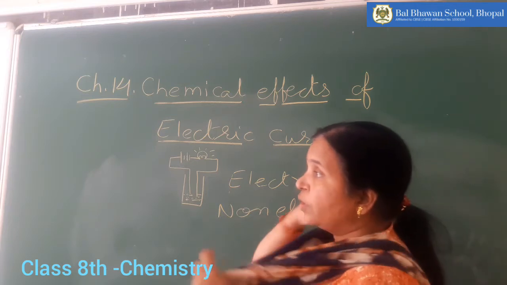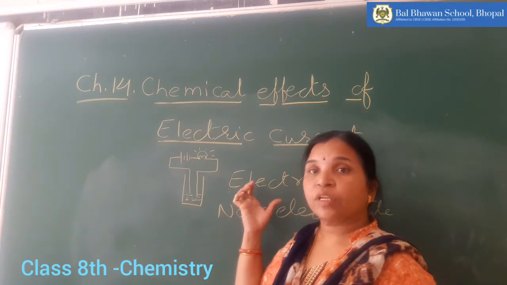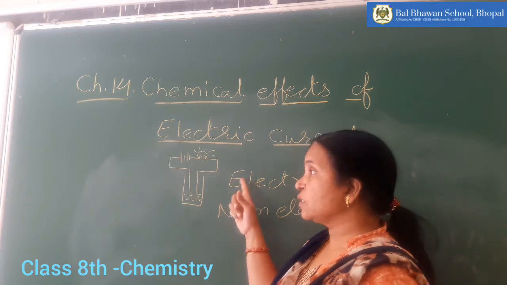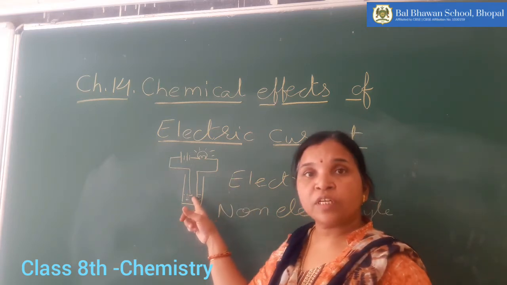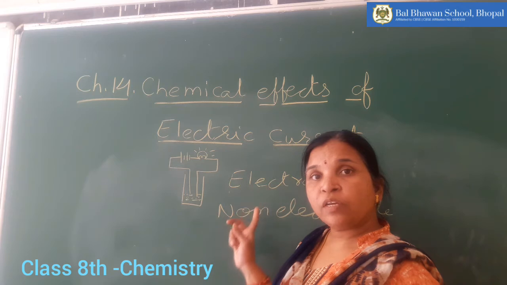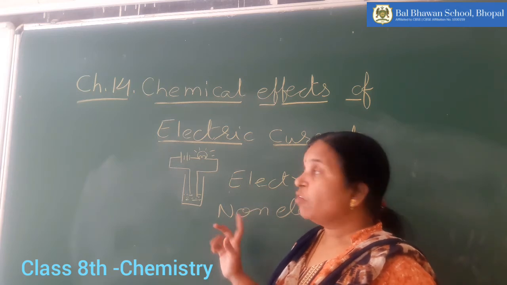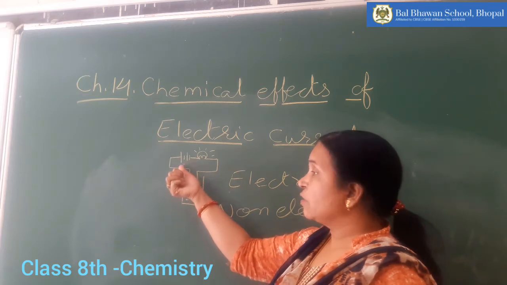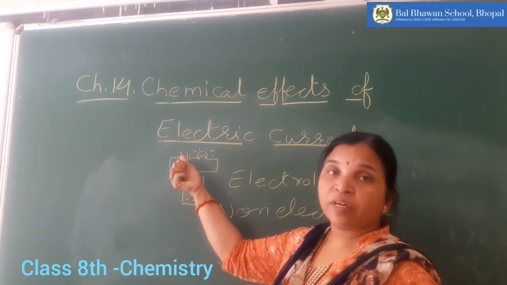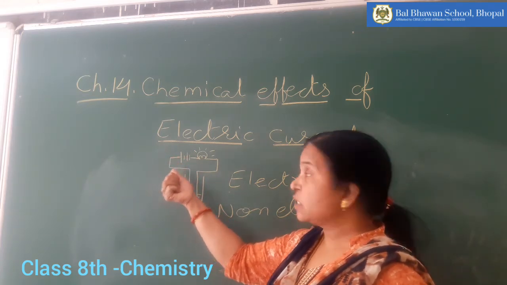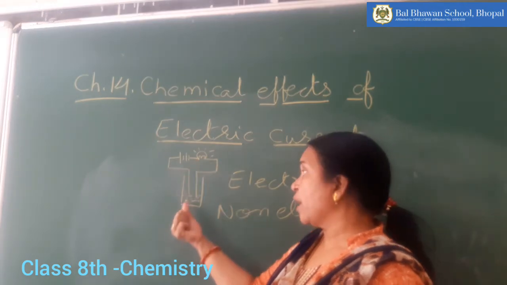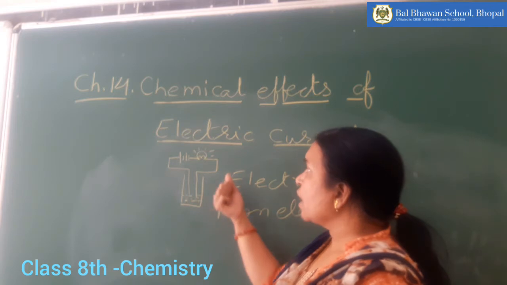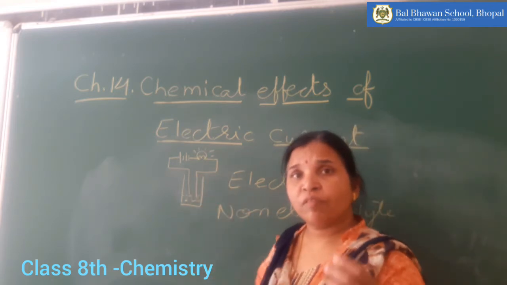Now, if we have to test any solution or find out whether a given solution is an electrolyte or a non-electrolyte, we need some material like the wires, insulated wires, then battery or cells, and then bulb and two electrodes, and if required one switch.